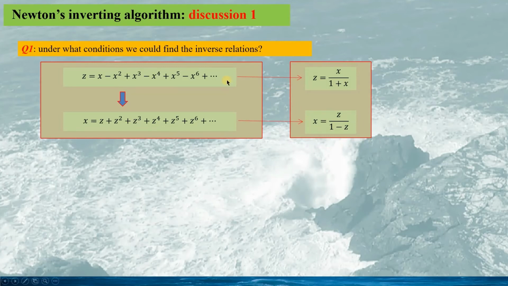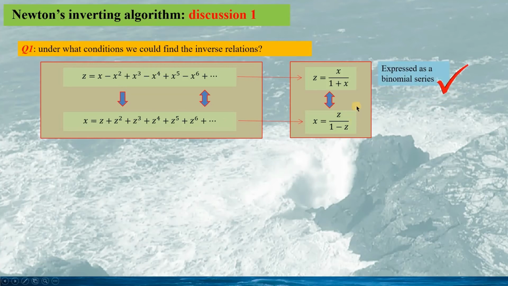If we convert this series back into the binomial functions, this series into this and this series into this, we can see for the binomial functions, this and this, they are invertible to each other, from this to this and from this to this. So this means these two series would be invertible to each other too.